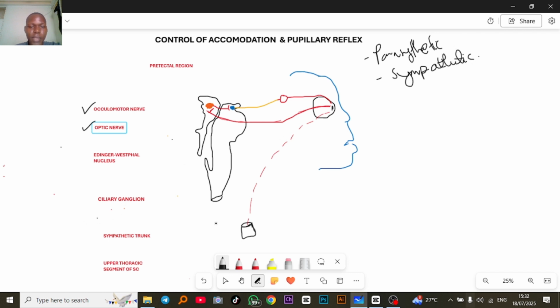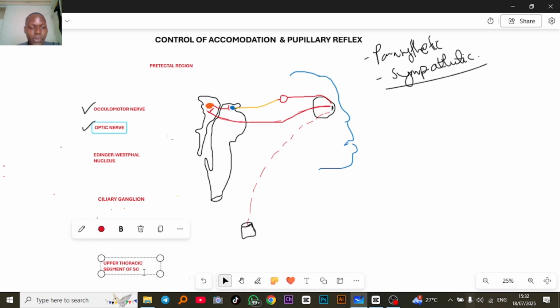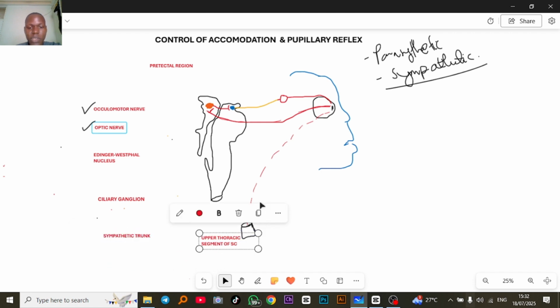The easier one is the sympathetic. It will come from the upper thoracic segment of the spinal cord. That will be the source of the sympathetic innervation of our eye.